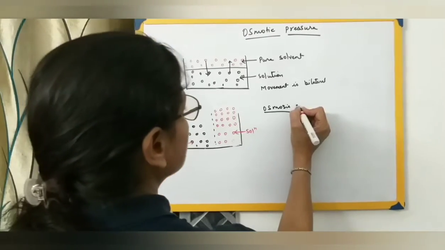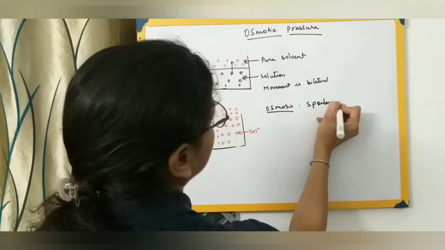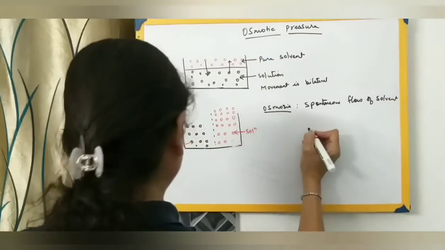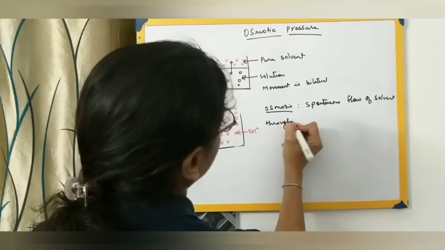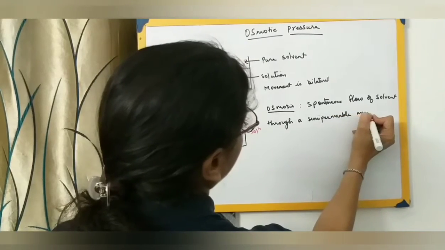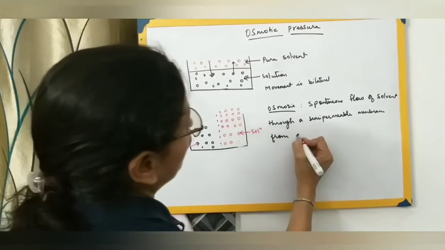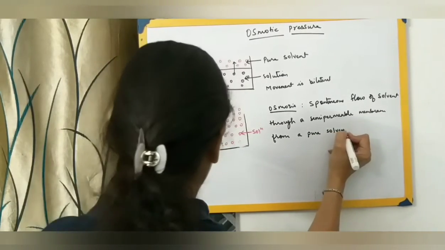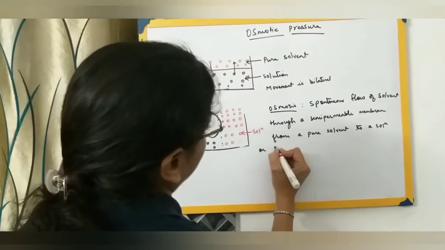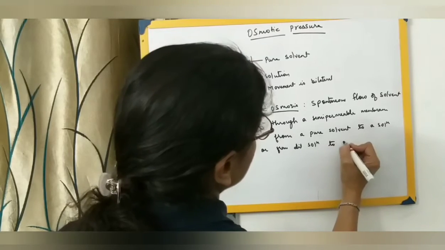So how can we define osmosis? It is the spontaneous flow of solvent through a semi-permeable membrane from a pure solvent to a solution, or from a dilute solution to a concentrated solution.